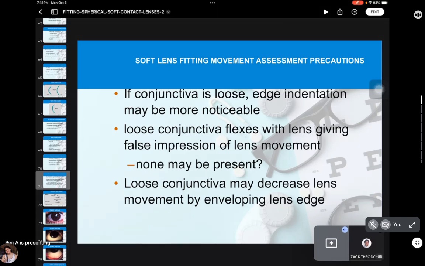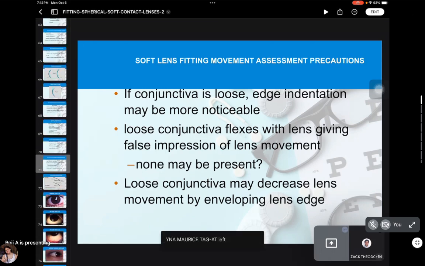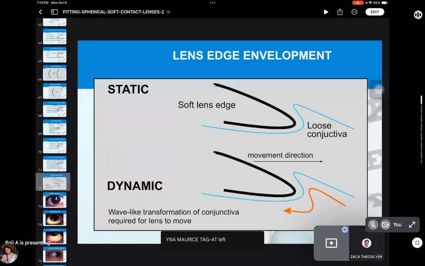If the conjunctiva is loose, edge indentation may be noticeable. Loose conjunctiva means the membrane covering the sclera, right? It gives a false impression of lens movement. Okay. So again, this is how it looks.